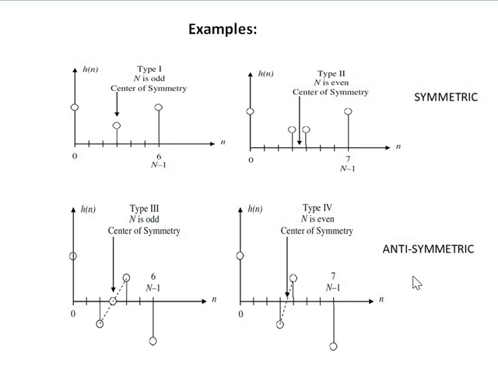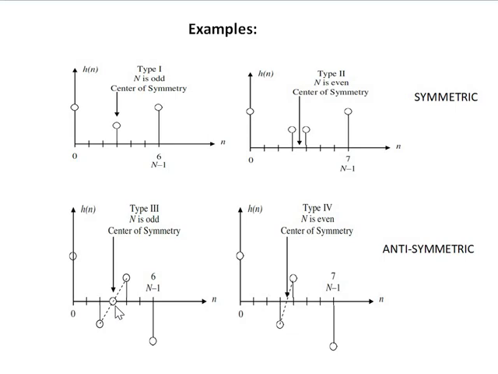Now coming to the anti-symmetric, and this is just an example for that. If you consider this as the center of symmetry, here the magnitudes are equal but opposite in sign. Here N is odd, and of course if you observe, the center value at alpha, (N minus 1) by 2, has magnitude 0.